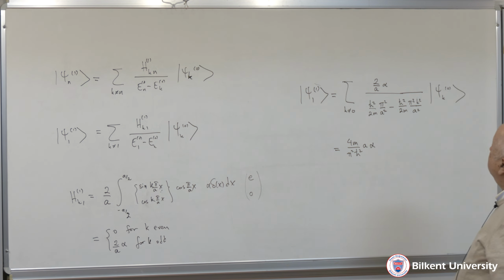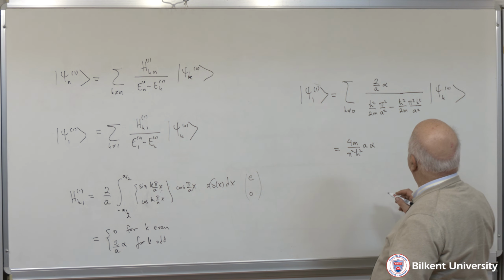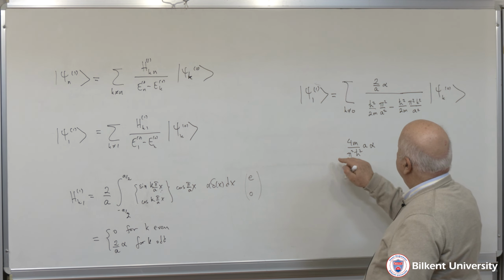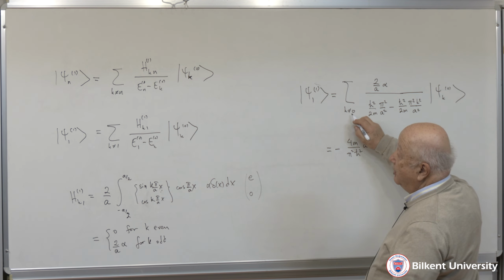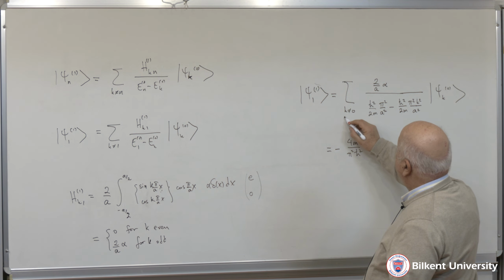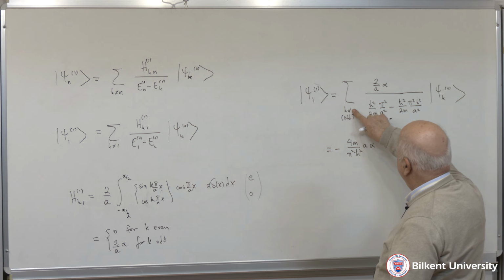Alpha, right? And I should really put a minus sign. K odd, k not equal to 1.